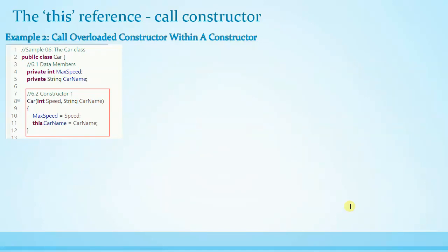In the first statement, max speed is initialized with the speed, which is the incoming parameter. Since the parameter and the internal member name are different, we don't use any this reference here. But in the second statement, the parameter name, car name, is matching with the internal member, car name. So to differentiate this, we use the keyword this dot car name equal to car name.